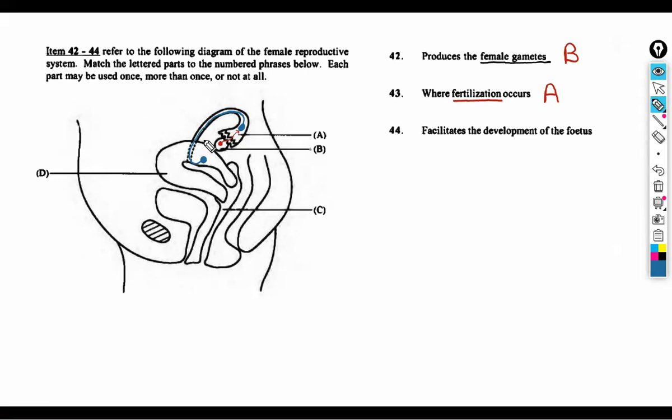That's the uterus, or the uterus lining, right? And once it gets buried or attached to that area, it's going to grow and grow, multiplying and multiplying until it forms a baby, right? So 44, the development, would be D.